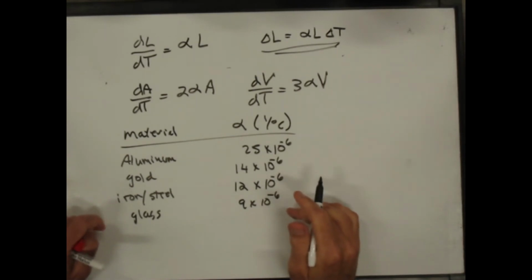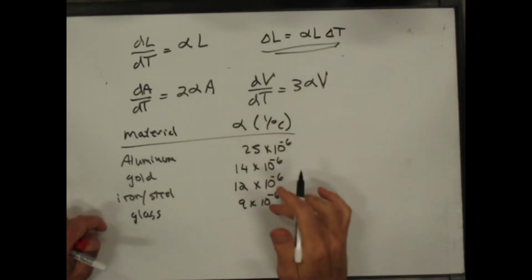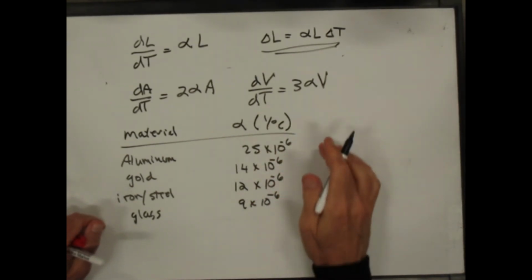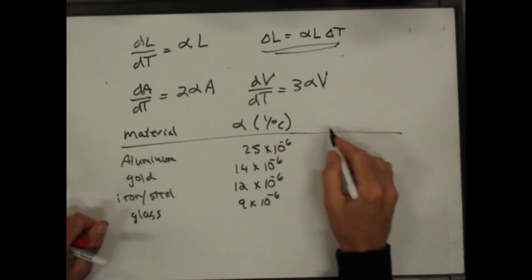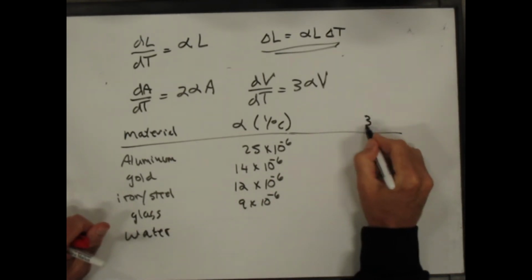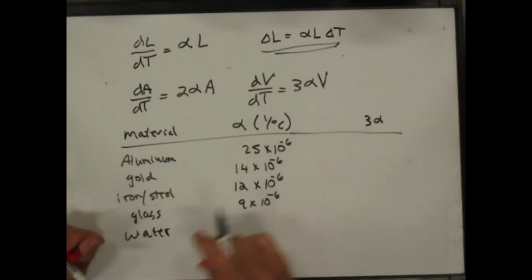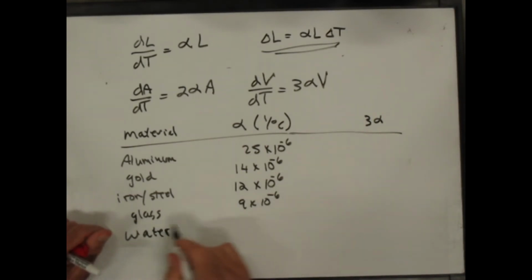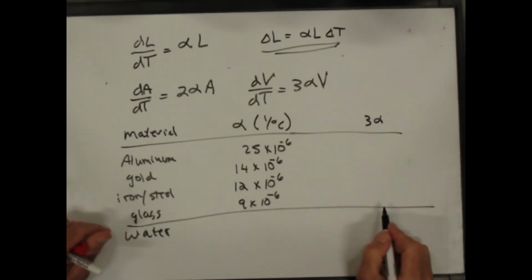So if you look at a liquid, it doesn't really have a linear expansion, but it has a volume expansion, even though it's just 3 times what the linear expansion would be. And so I could put water here, and I'll put 3 alpha. If you're using water, you would use the volume expansion coefficient, which is just 3 times what it would be if it were linear.